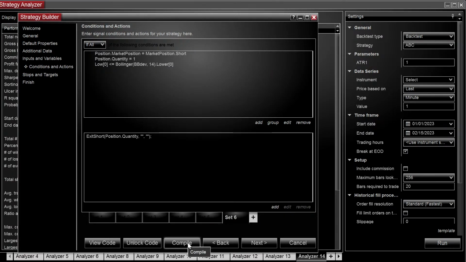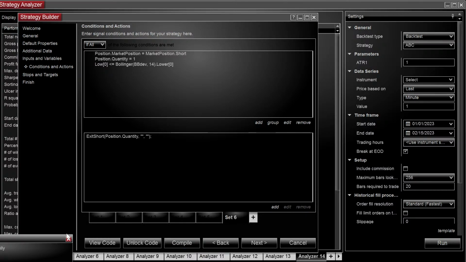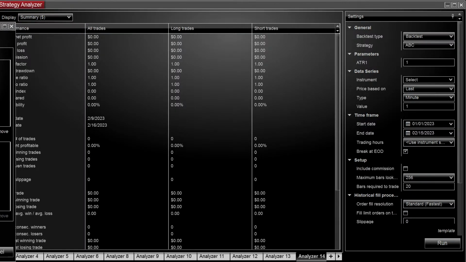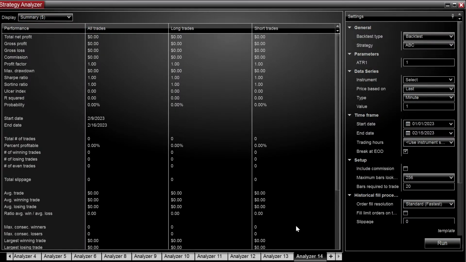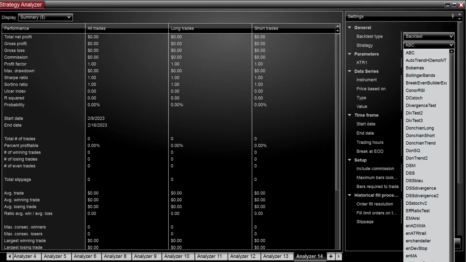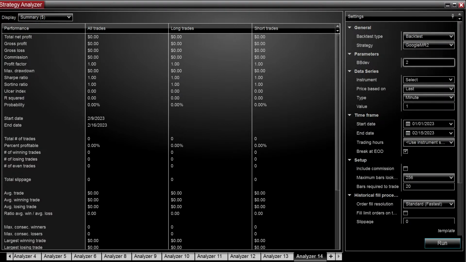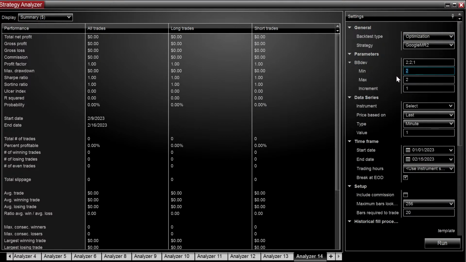So let's go ahead and compile that. And let's check out the chart to make sure it's looking the way it should. I do want to optimize it just a little bit right off the bat. So we'll do 1, 2, 6, increments of 1.